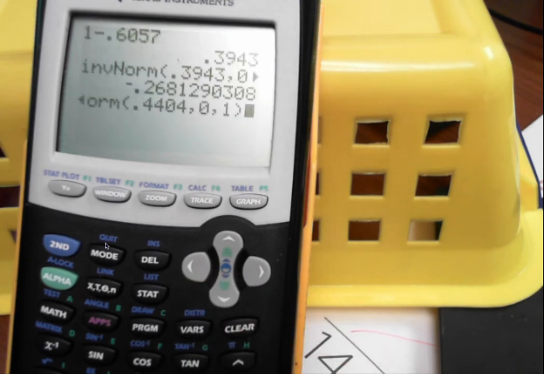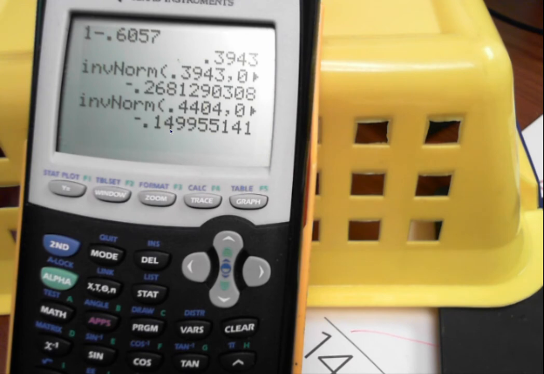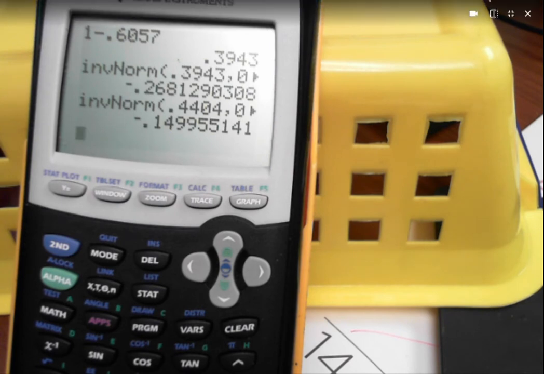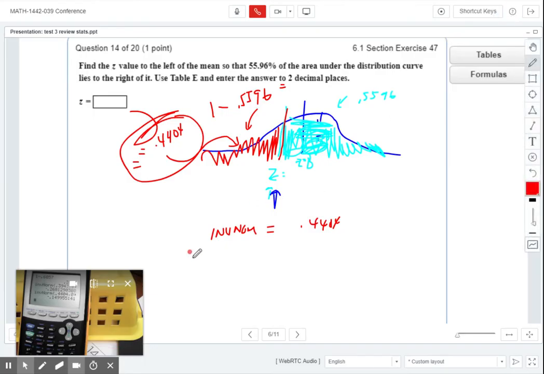And we find our z-value, negative 0.15. Z-values are always 2 decimal places. So the z-value here is negative 0.15.